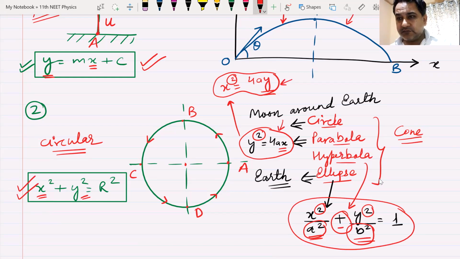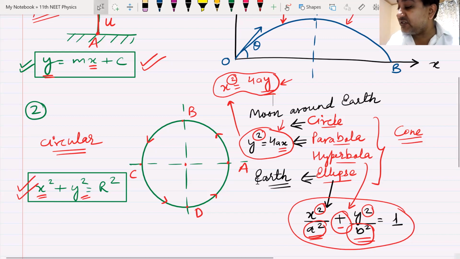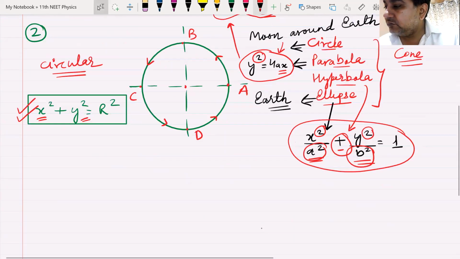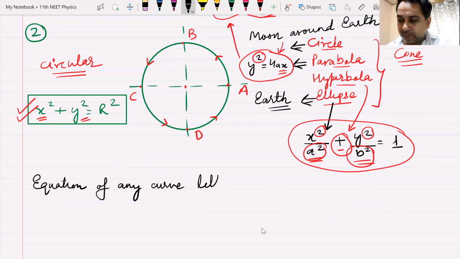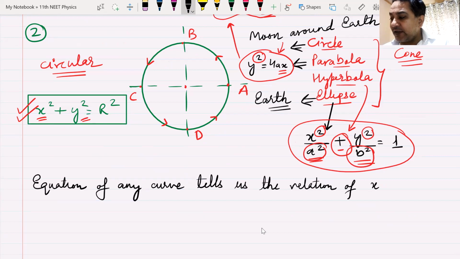Equation of any curve tells us the relation, in case of 2 dimension, of x coordinate and y coordinate.